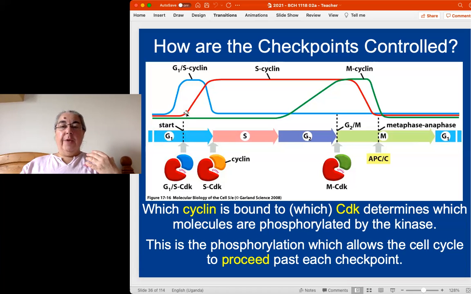So it's only when enough other enzymes have become phosphorylated, for instance, here at G1 during the S phase cyclin, it's the enzymes which actually carry out DNA replication, or some of the enzymes which control that, which become phosphorylated.